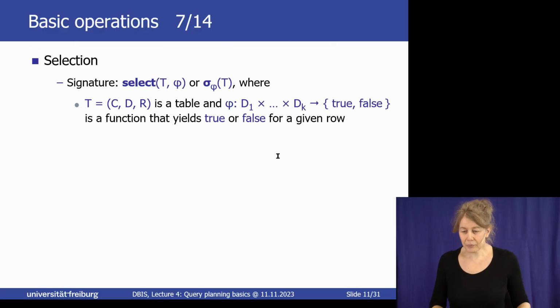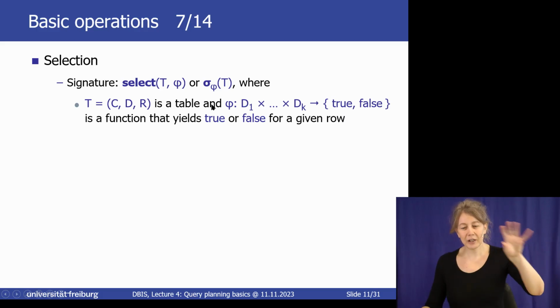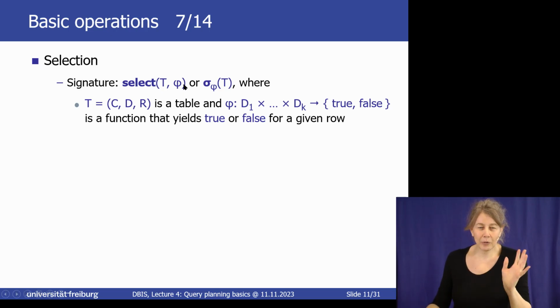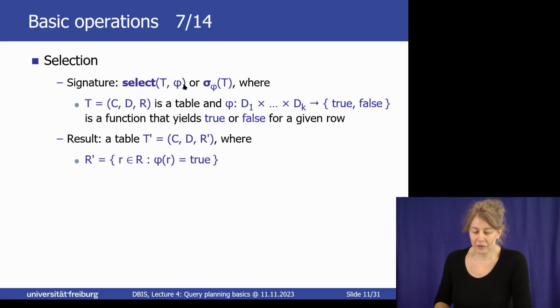Yeah. So you have a predicate. The predicate is just a function which you can apply to each row and say included or not included. Very simple. This is really just formalism, but still it's important to understand the formalism.